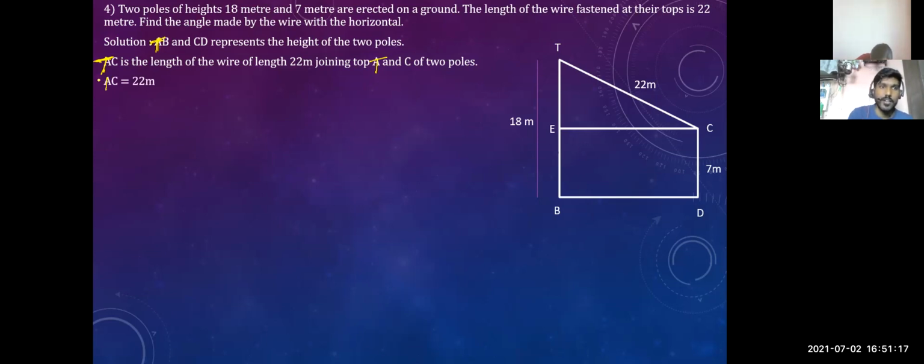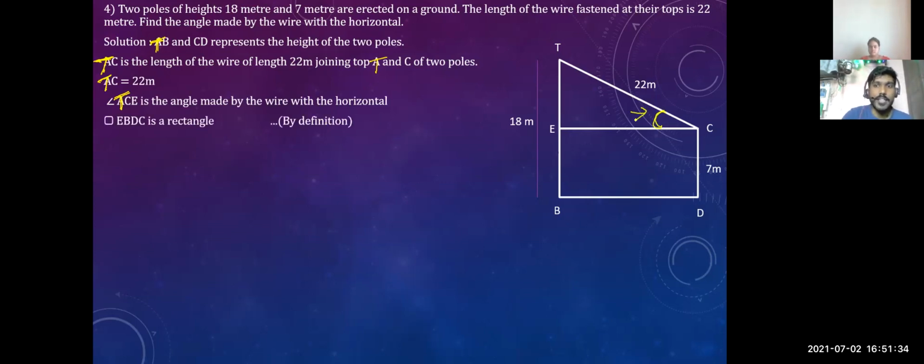Don't cancel, just write on the next page. TC is 22 meters, and angle TCE is the angle made by the wire. So angle TCE means this angle.